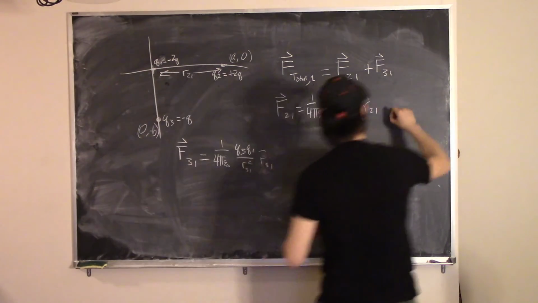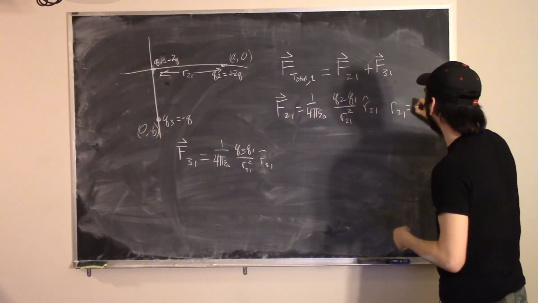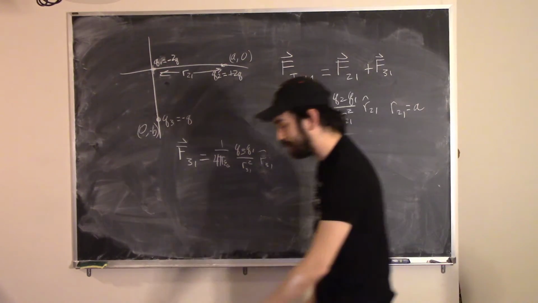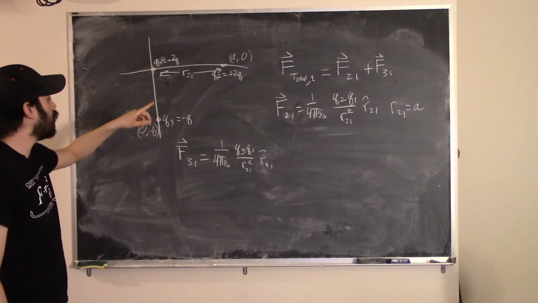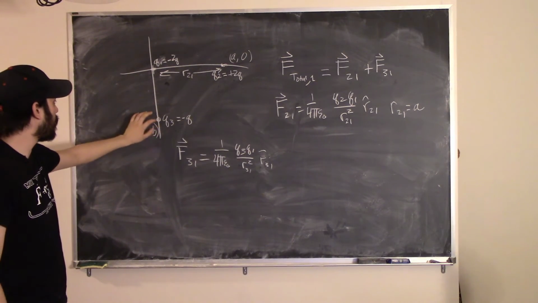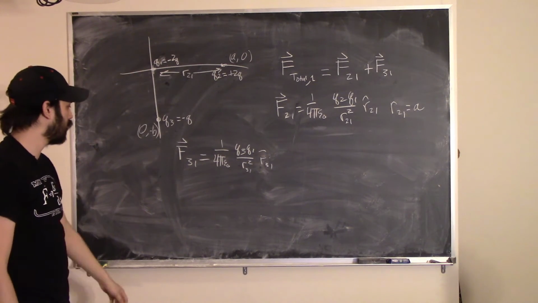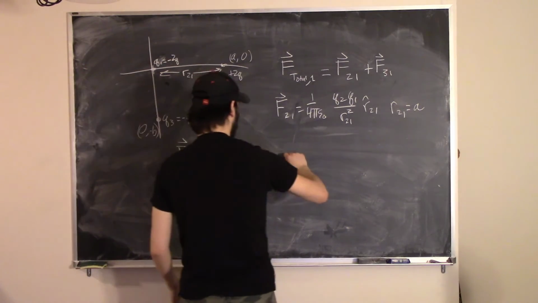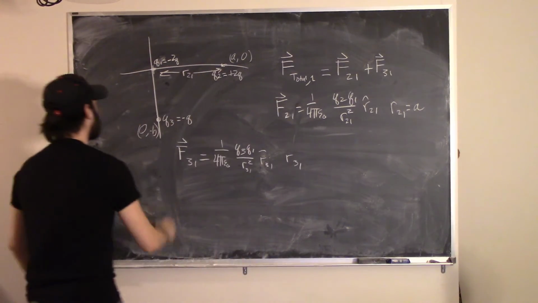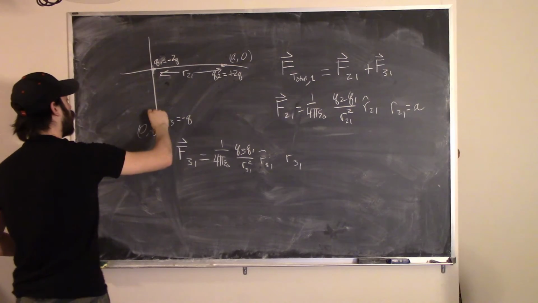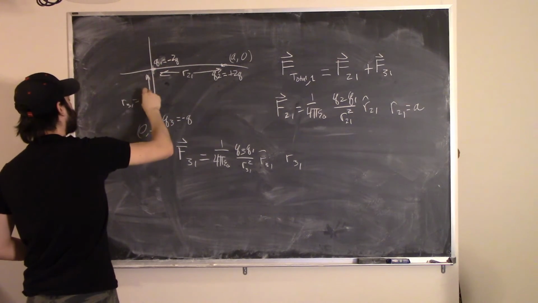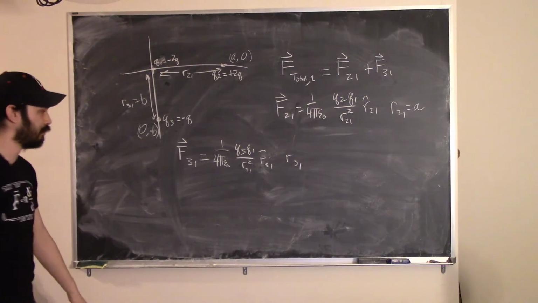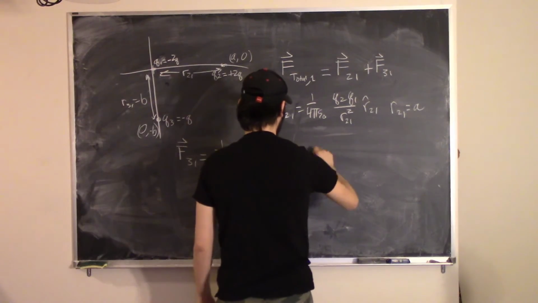This R21 is just going to be equal to A. How about the distance from 3 to 1? We want to find out what R31 is. Looking at this, R31 is this distance, which is just going to be equal to B.